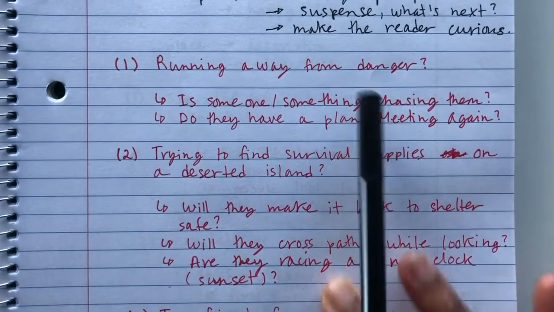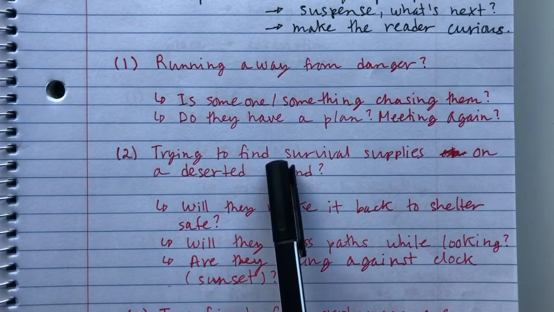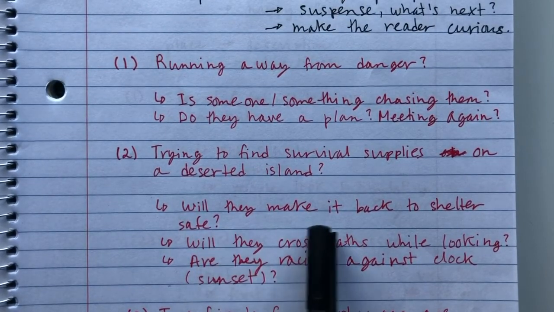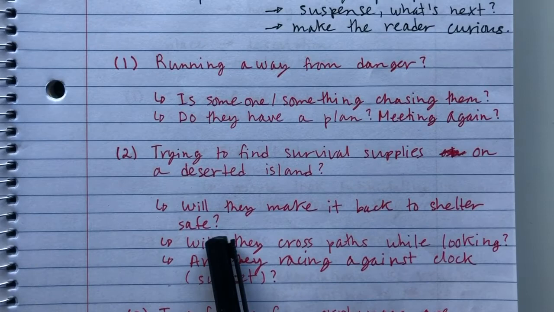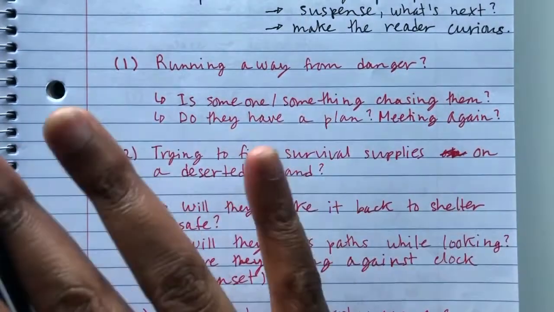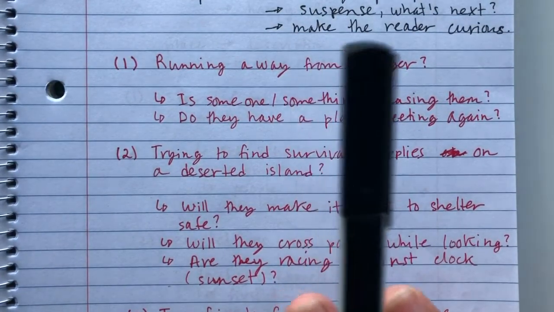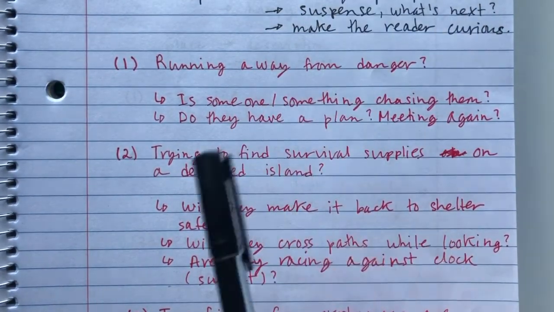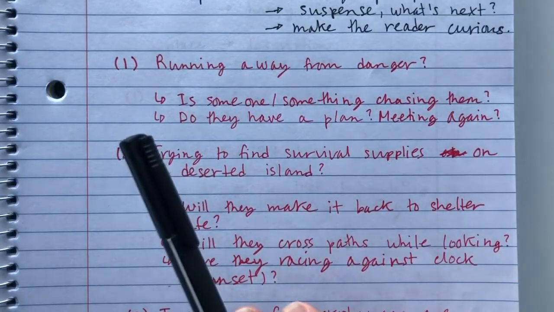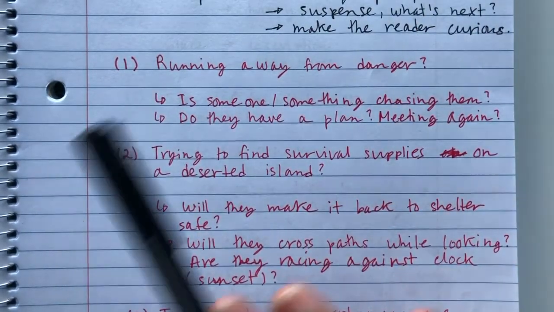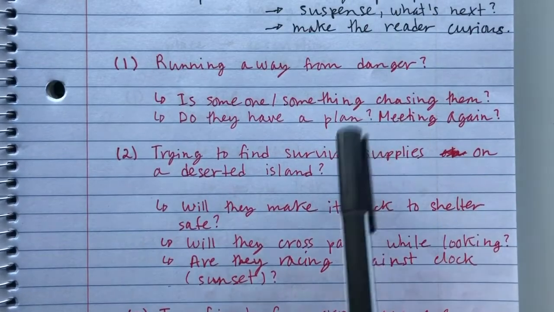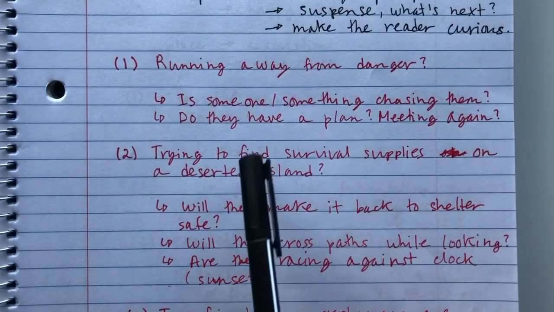And some questions that derive from this idea is, will they make it back to shelter safe? So maybe when they go and they try to find the survival supplies, I don't know, maybe they run into a lion or a leopard or something, you know, include the adventure side.